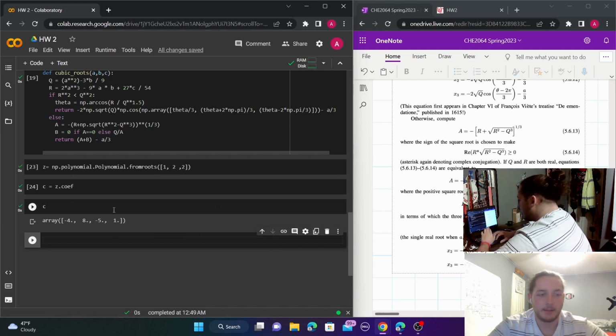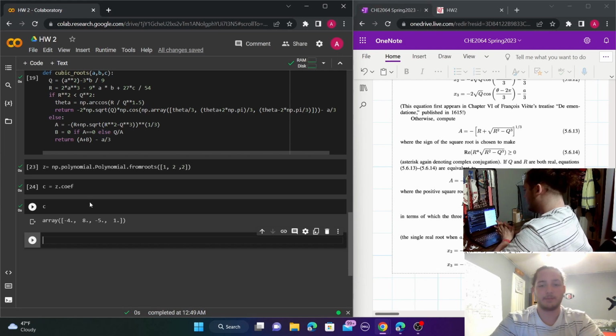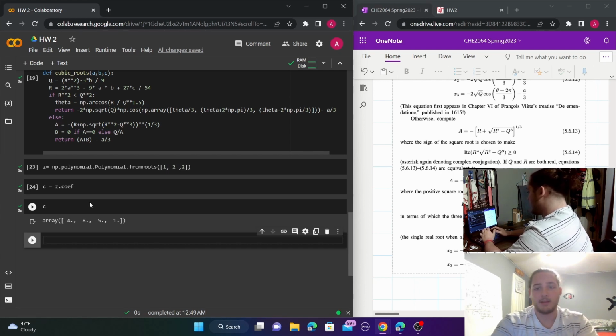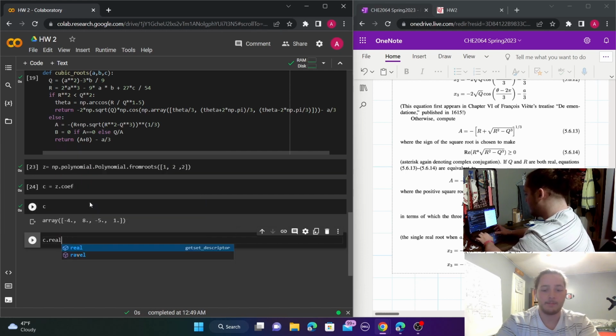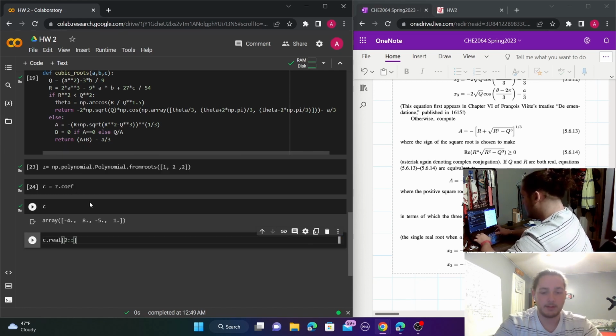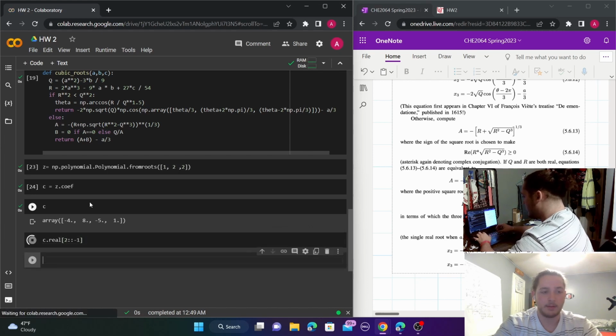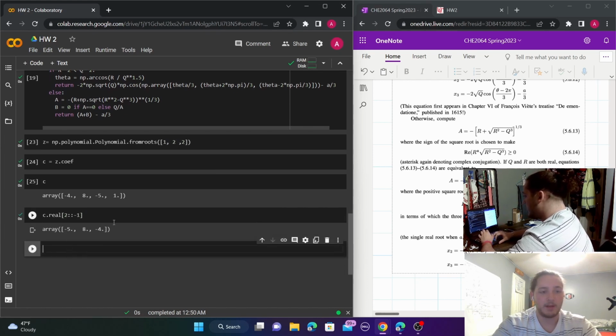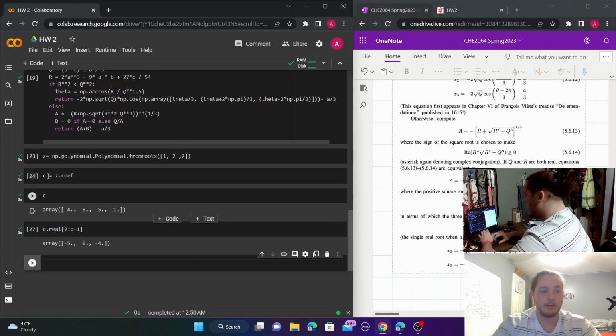So now that we have displayed our coefficients, we can now use the real function in Python to see which coefficients we have are real. So we can go c dot real, and then we can make this range from 2 to -1. And then we have an array of our real coefficients.